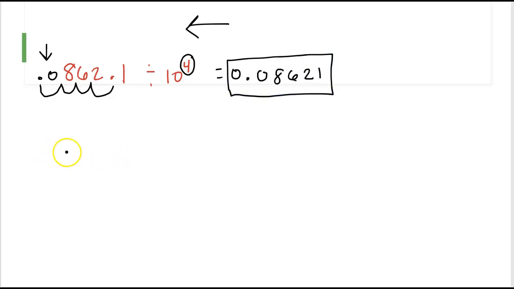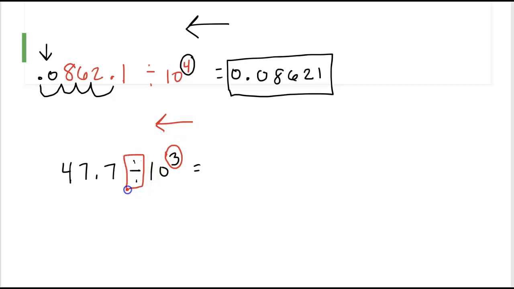Look at this one. 47 and 7/10 divided by 10 to the 3rd. Remember, this exponent is going to give me the direction of how many places to move my decimal to the left because I am dividing.